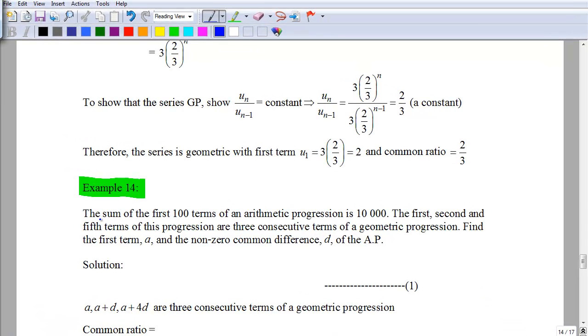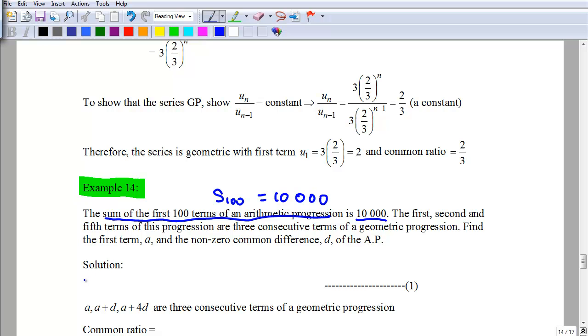We are given that the sum of the first 100 terms of an AP, meaning S100, is 10,000. So we have this. When we make use of our knowledge of arithmetic progression, the Sn formula, we know that Sn equals n over 2 bracket 2a plus n minus 1 d.